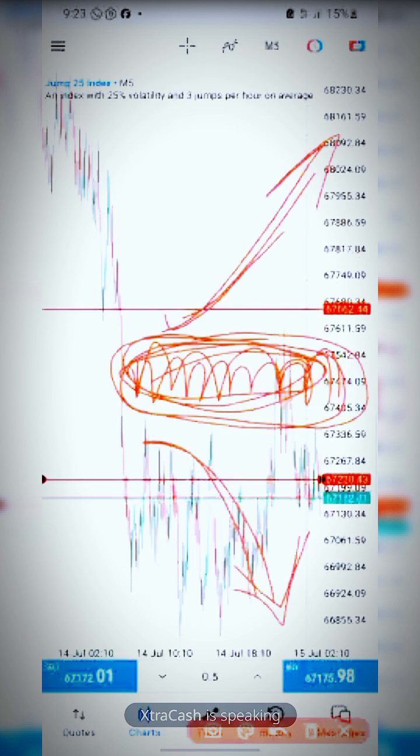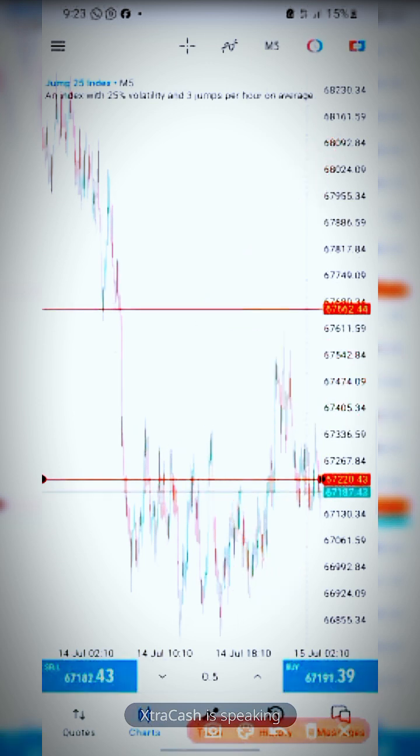So as a trader, you need to look at the market and analyze and say, from what I can see, this market is going up or this market is going down. If you factor that in, it will make it easier for you to do your analysis.